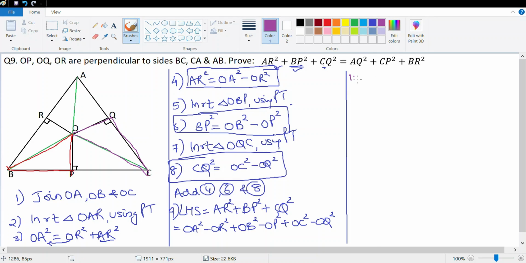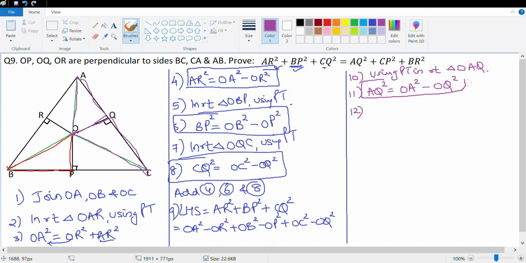So in the right hand side, they need AQ first. So AQ is a part of right triangle OAQ. So using Pythagoras theorem in right triangle OAQ, I get AQ square is equal to OA square minus OQ square. Yes, OA square minus OQ square. So that's the first element from the right hand side. Second element is CP.